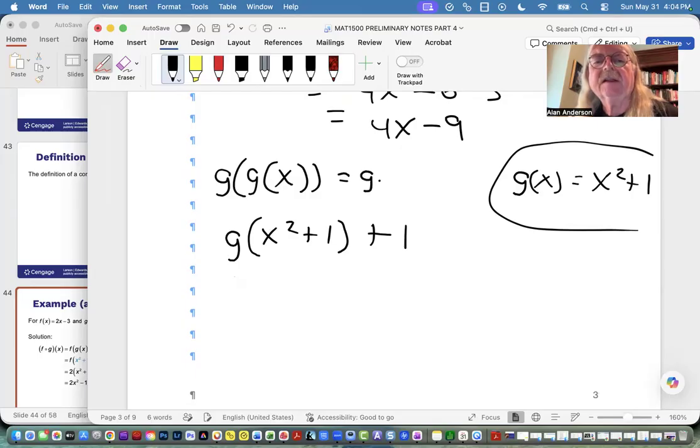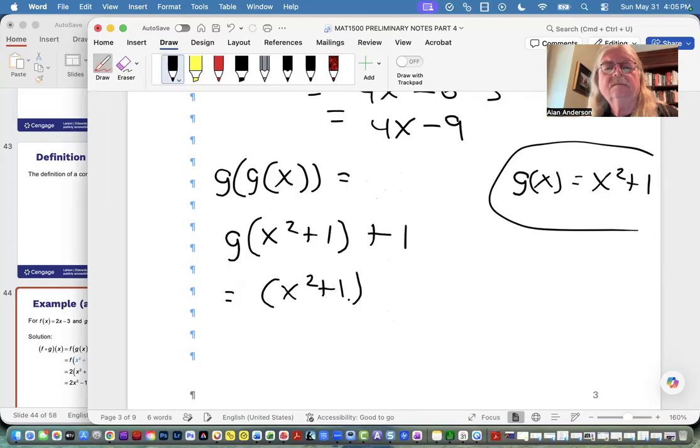Actually, let me write it like this. All right, let's leave it like this. So in other words, the x squared became g of x squared plus 1.